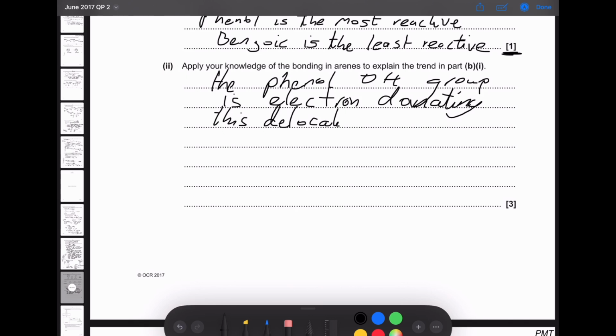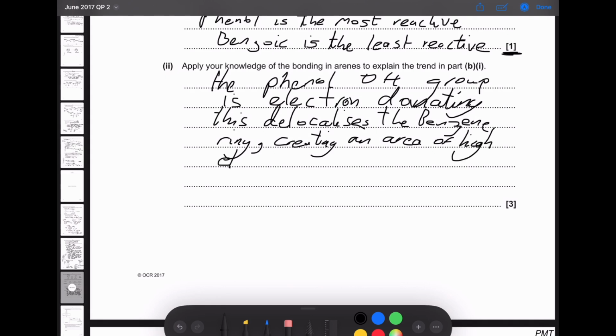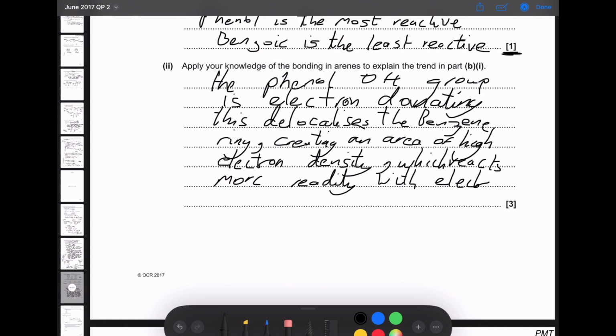This delocalizes the benzene ring, creating an area of high electron density, which reacts more readily with electrophiles. Got to get it right at some point.